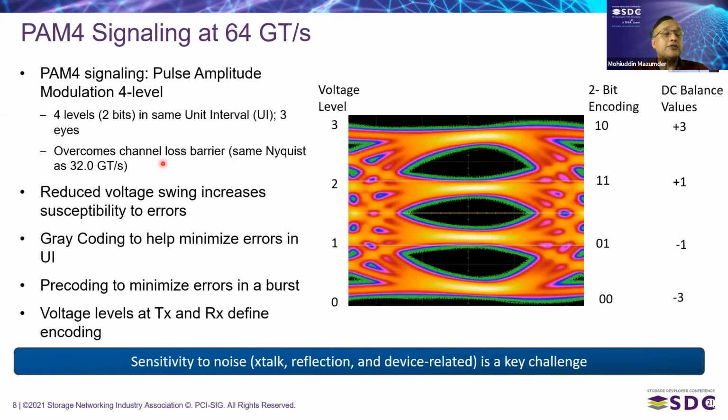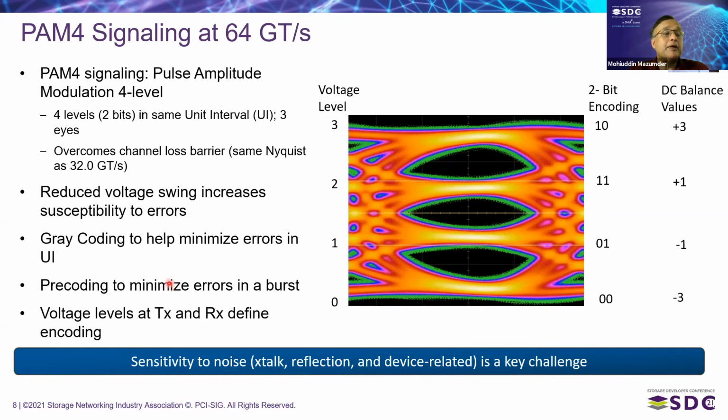So even though it solves the fundamental loss barrier, it introduces significant challenges because of this sensitivity to noise. And any noise, that could be crosstalk, reflection, or device noise, overcoming those and still providing a reliable signal detection is one of the fundamental challenges.